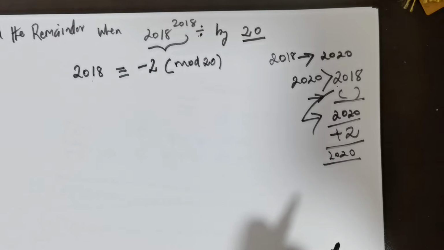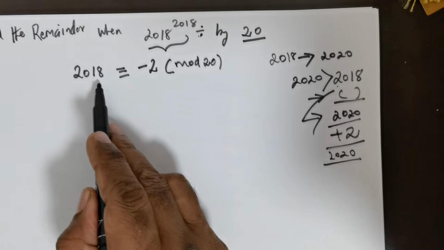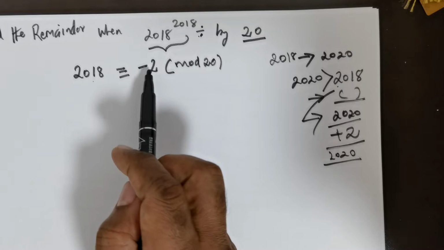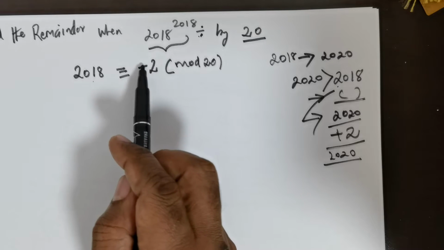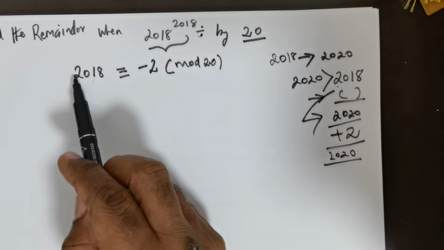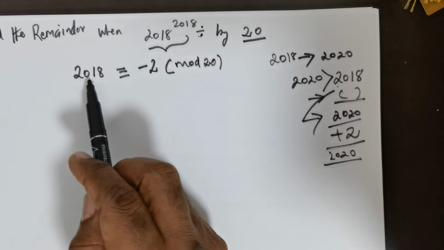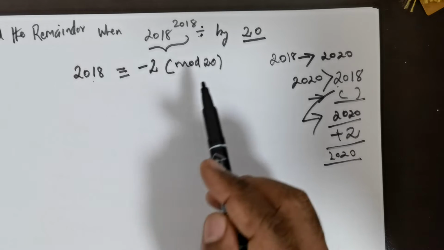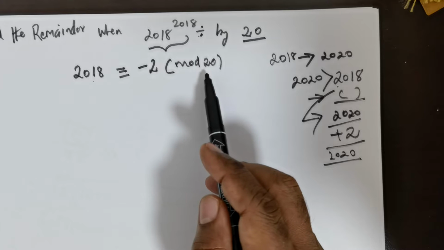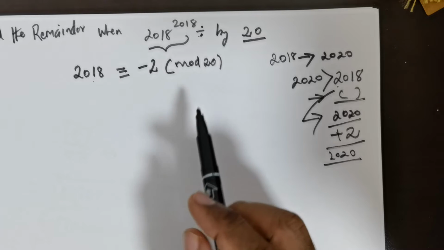Now what are you trying to say? You're trying to say to the reader, if I were to push this negative 2 over to the left hand side, then it would become 2020. And clearly 2020 is divisible by 20, leaving the remainder 0.